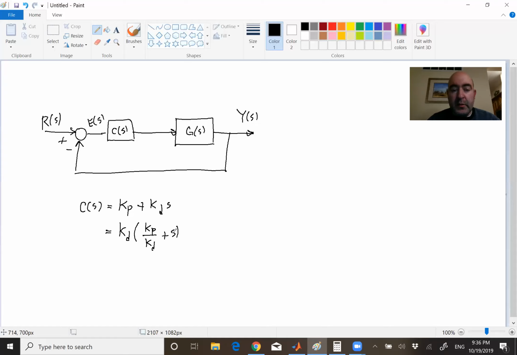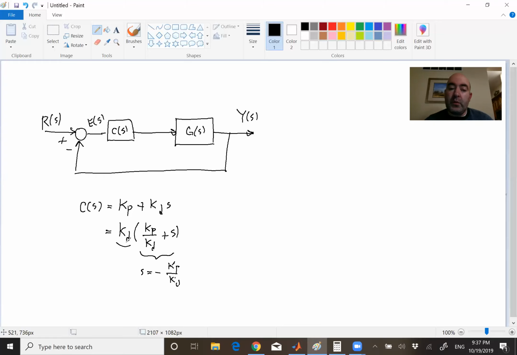If you look at it this way, you will see that essentially the controller consists of a zero, which in this case is going to be at minus Kp over Kd, times some sort of a gain, which in this case is going to be my Kd.